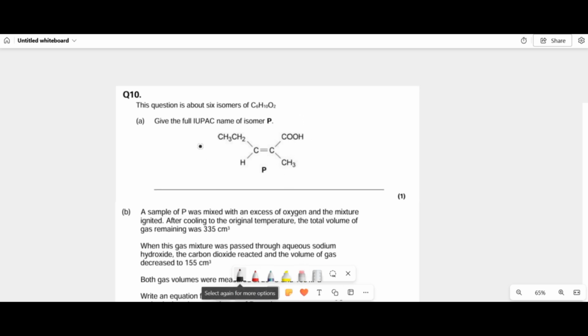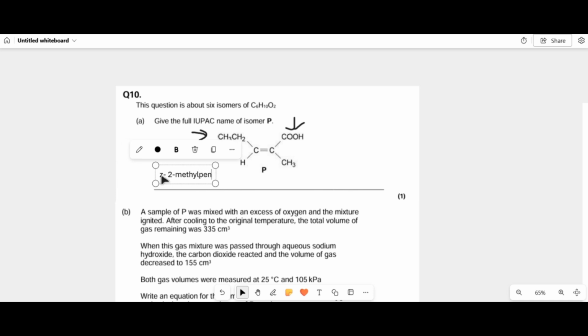The two higher priority groups are on the same side, obviously that and that, so therefore it's going to be Z. So there we go: Z-2-methylpent-2-en-1-oic acid.